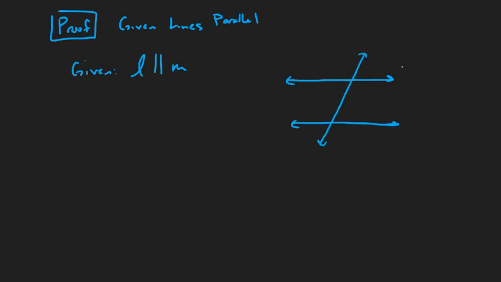Here's L, here's M, there's transversal T. I'm only going to give you the angles you need to know: angle 1, angle 2, and angle 3. I want you to prove that angle 1 and angle 3 are supplementary.